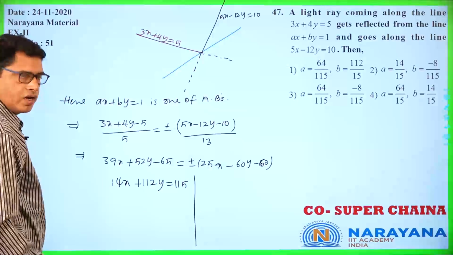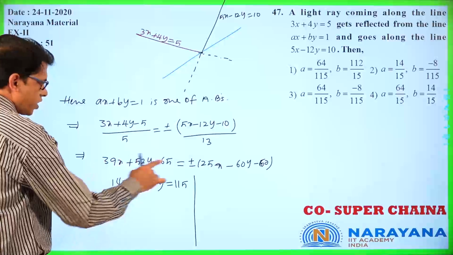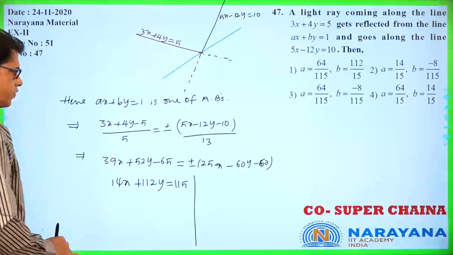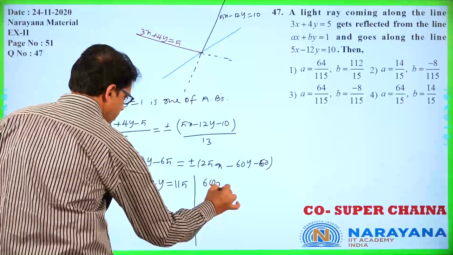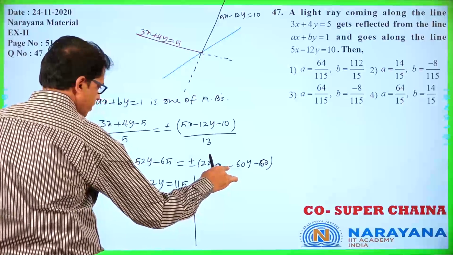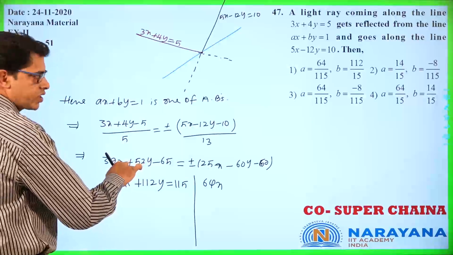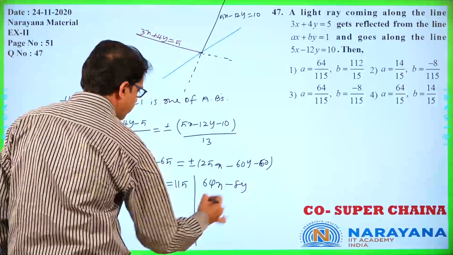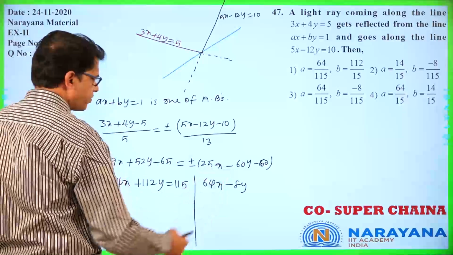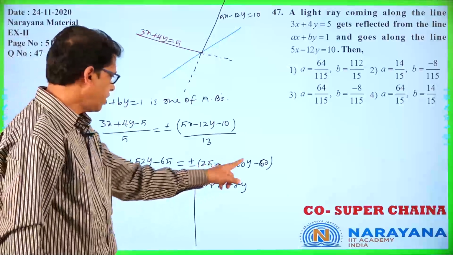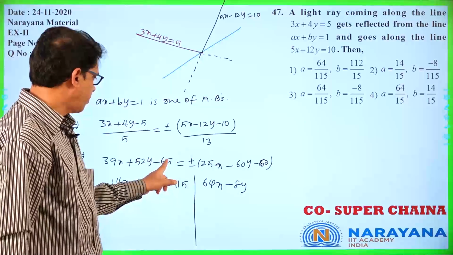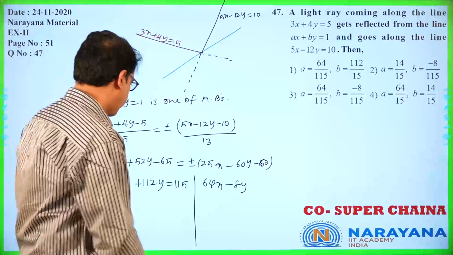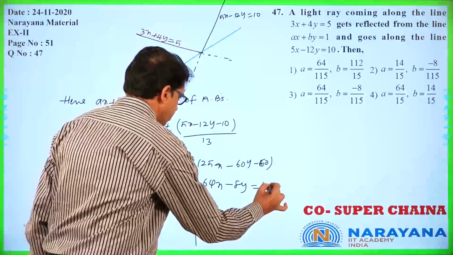If you take the minus symbol, 39 plus 25 gives 64x, then 52 minus 60 gives minus 8y. Taking the other side, again 115.